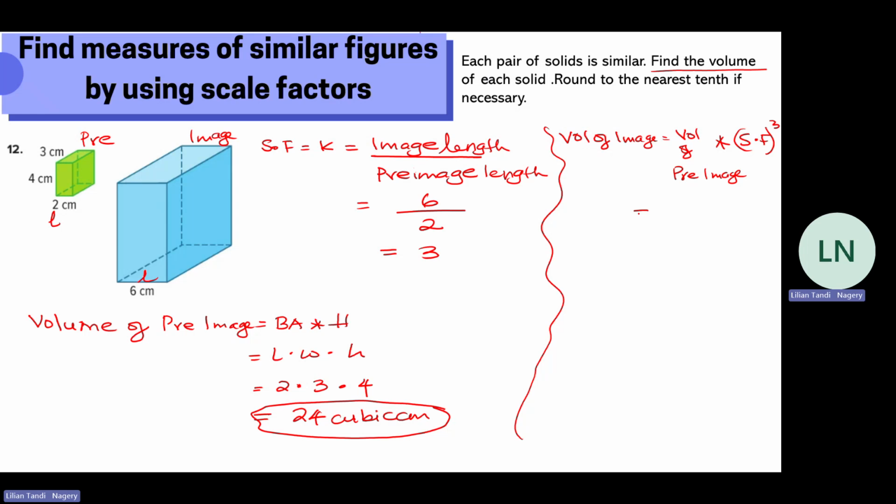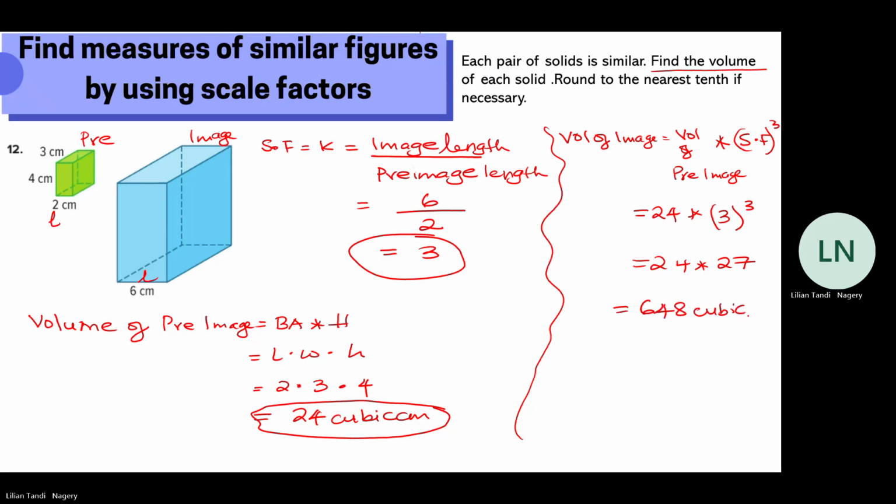Volume of pre-image, we did it over here, we got 24. And you multiply the scale factor, which we got over here, which is 3. And then you cube it. So this is 24 multiplied by 27. And that should give you 648 cubic centimeter. And you box your answer.